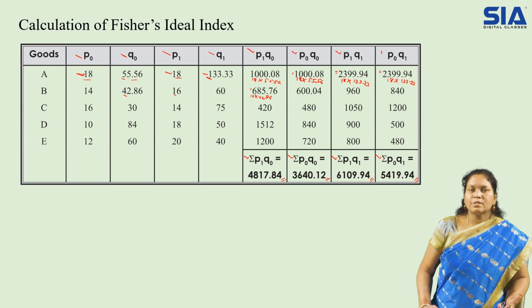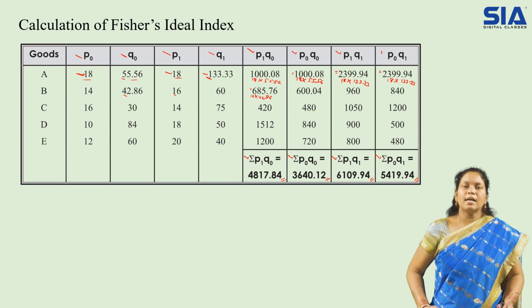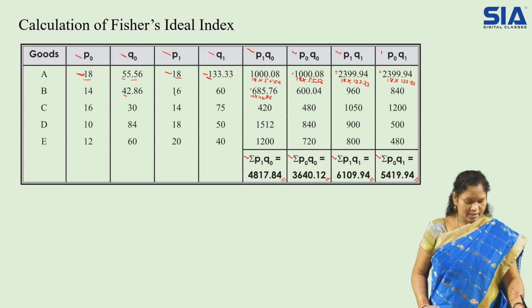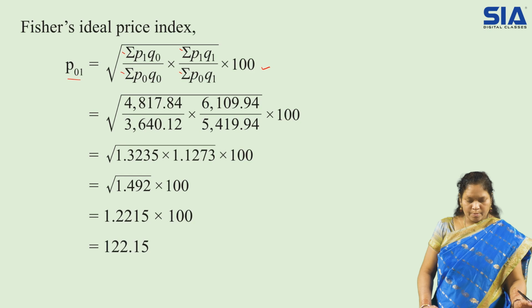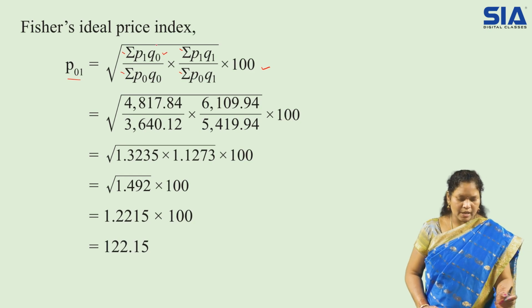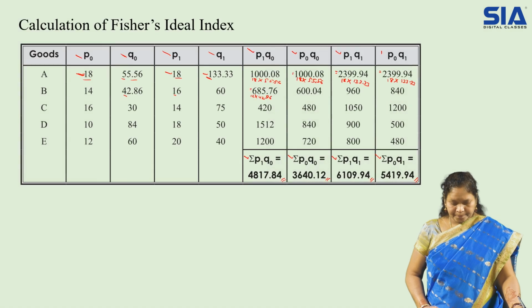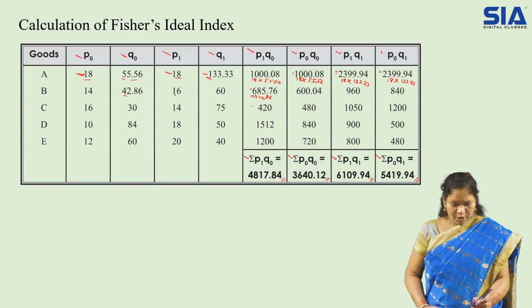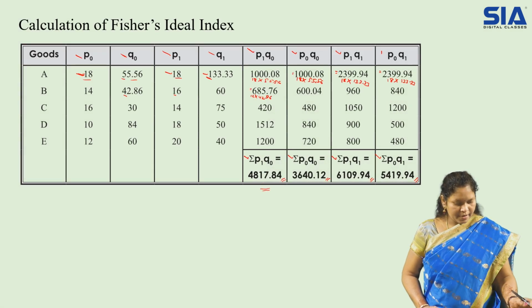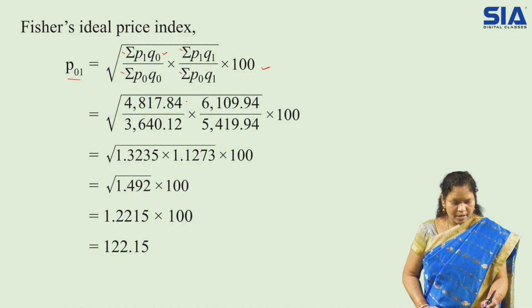Take all these values, simply substitute in the formula and get the answer for Fisher ideal index. So let us check it out. See, summation P1 Q0 is the first value I have under root. Summation P1 Q0 is this answer. Take that one. See, I have written here.